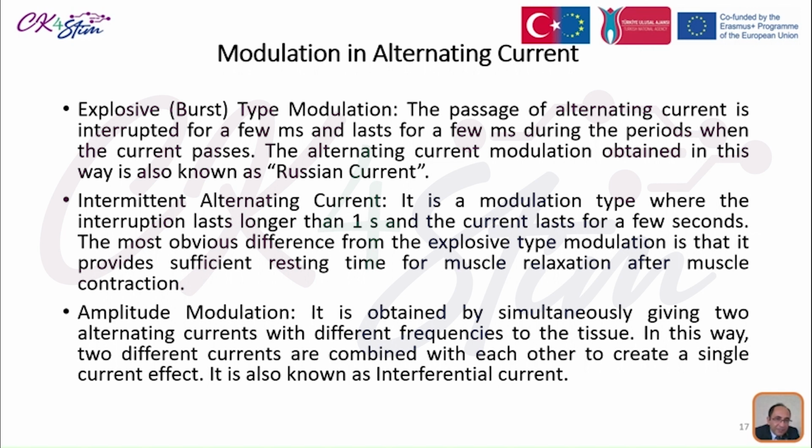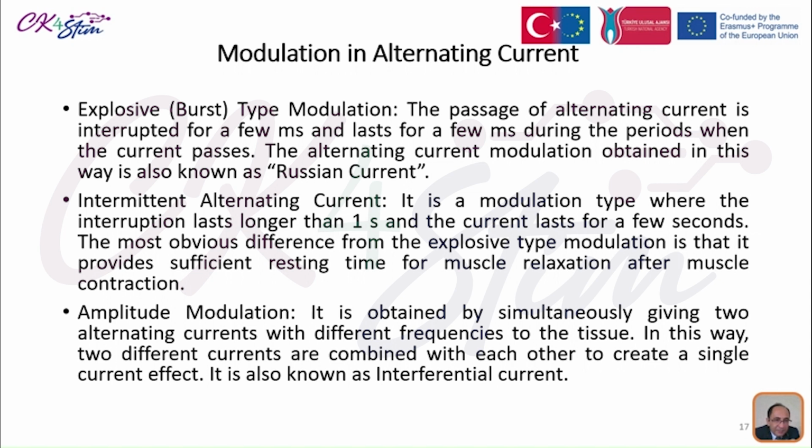In explosive type modulation, the passage of alternating current is interrupted for a few microseconds and lasts for a few milliseconds during the periods when the current passes. The alternating current modulation obtained in this way is also known as Russian current.